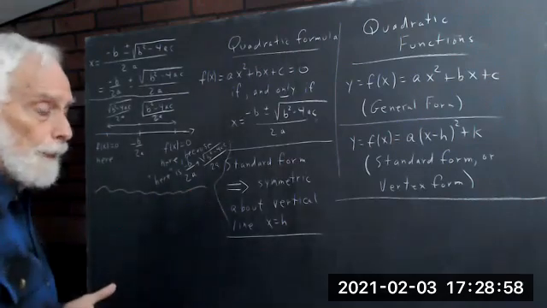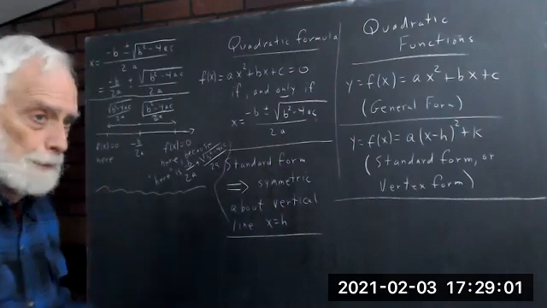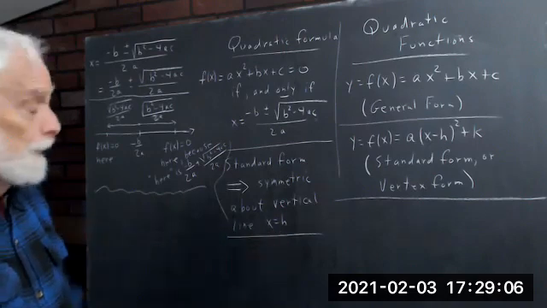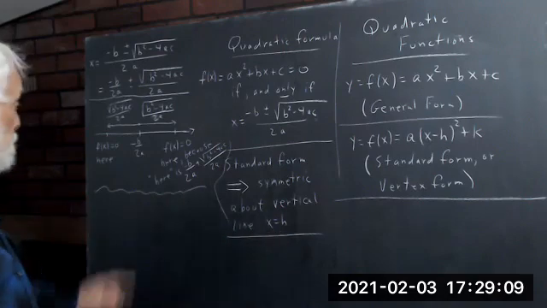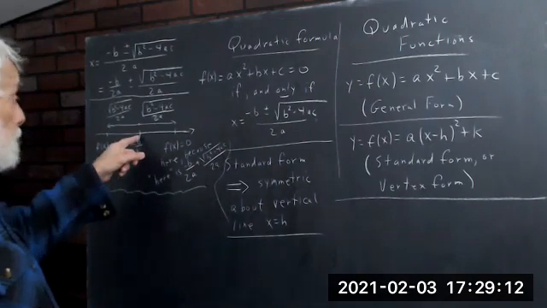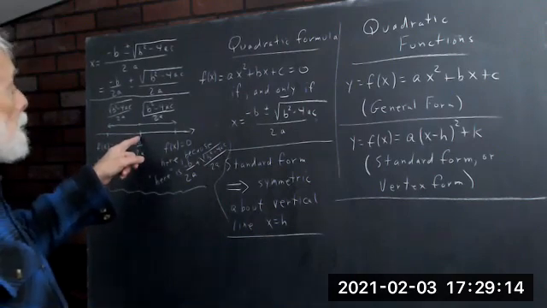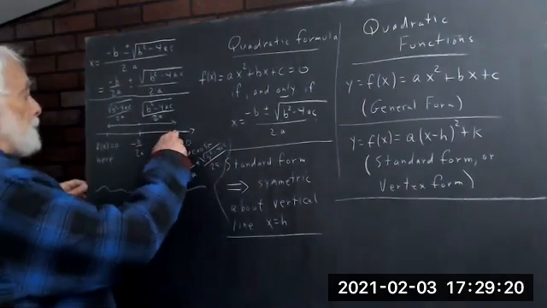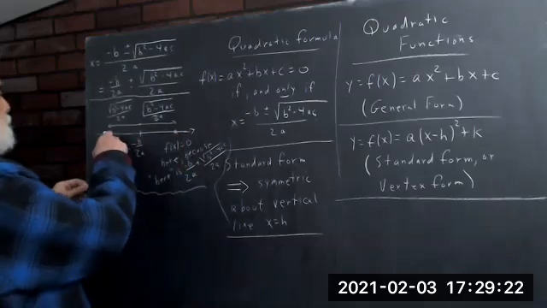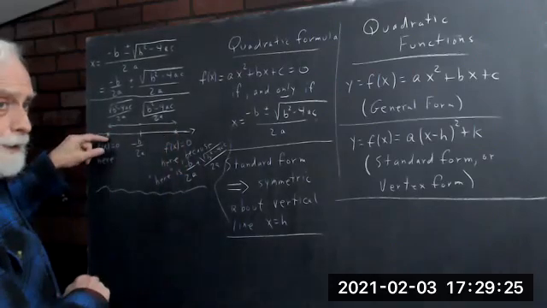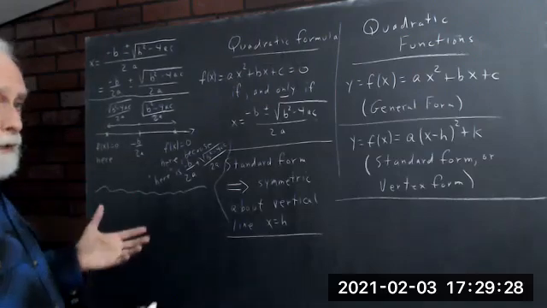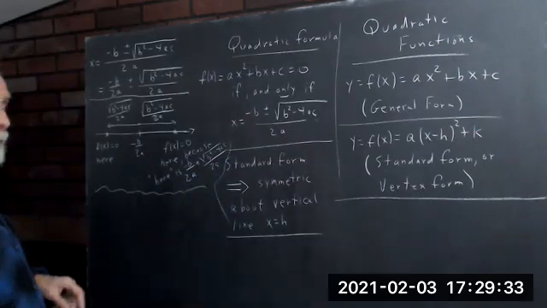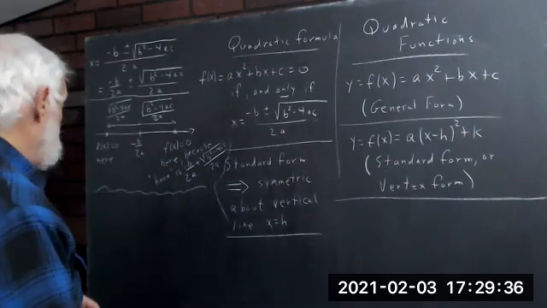It follows that if you have symmetry around some vertical line, x equals h, that vertical line has to go through this point, because you have a point of the graph on this side and a point of the graph on this side at equal distance. The only way that could be, if you have an axis of symmetry, which you do, is if the axis of symmetry goes through negative b over 2a.